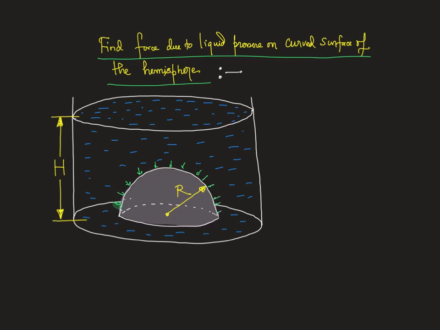But the force due to the curved surface, if you see it properly, is solely due to the weight of the liquid residing on top of it. The weight of the liquid residing on top of the curved surface. Now on top of the curved surface, the liquid which resides is the following. This one.